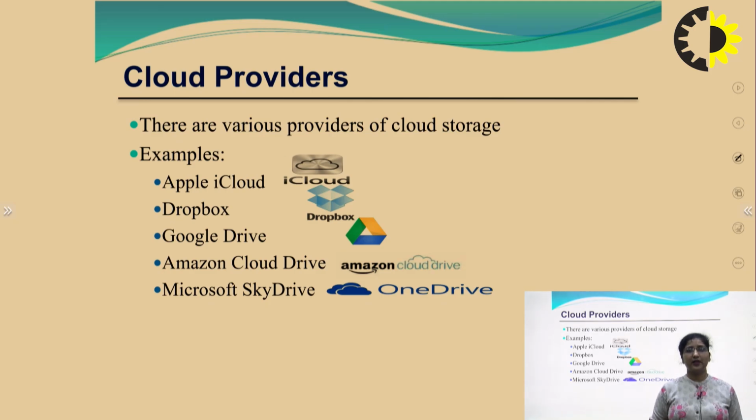There are various cloud providers like Apple iCloud, Dropbox, Google Drive, Amazon Cloud Drive, Microsoft SkyDrive. These are things we also use in our daily life, like Google Drive. We use Dropbox every day. All the mails, Google Sheets, Google Docs, text messages, contacts, anything is directly saved on Google Drive.